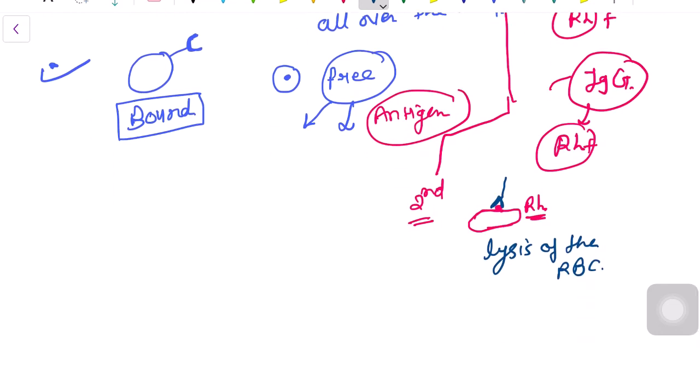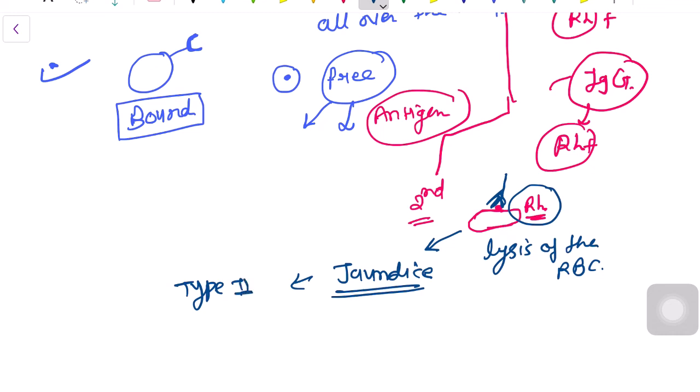In this also, the baby's RBC surface Rh antigens are bound, and the IgG antibodies present in the mother's blood are free, and as IgG can cross the placenta, it will produce lysis of the RBCs, which can lead to hydrops fetalis, an edematous body of the baby, as well as jaundice, and intrauterine death can also occur. That is also a type 2 hypersensitivity reaction.